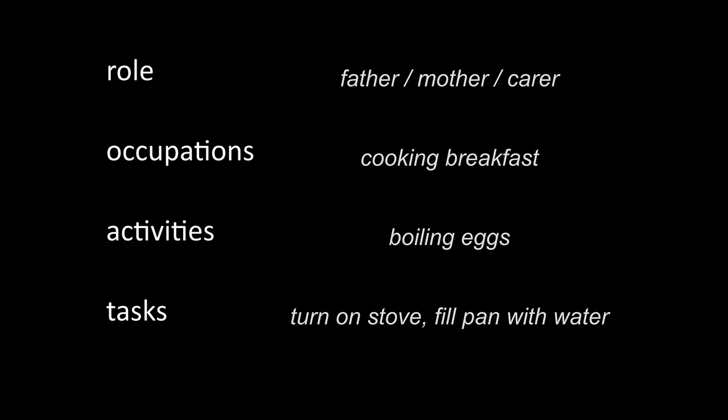One of the activities involved in cooking breakfast in this particular situation is boiling eggs. And the tasks involved in boiling eggs are required to turn on the stove, fill the pan with water, take an egg out of the egg case or the egg holder in the fridge, whatever, put the egg in the pan, and there are a whole range of other tasks as well.